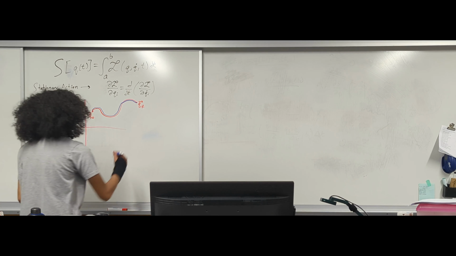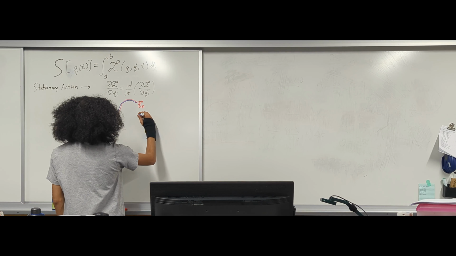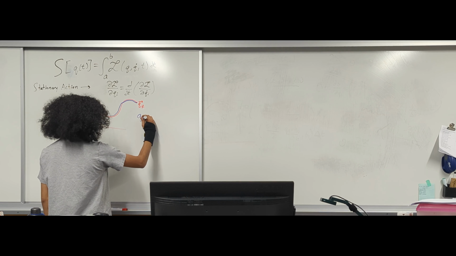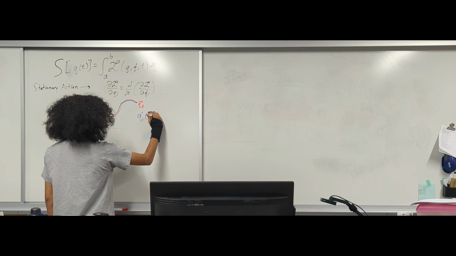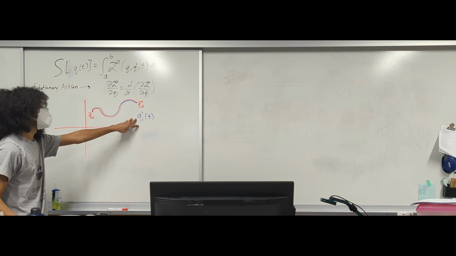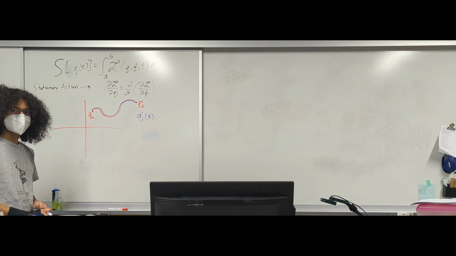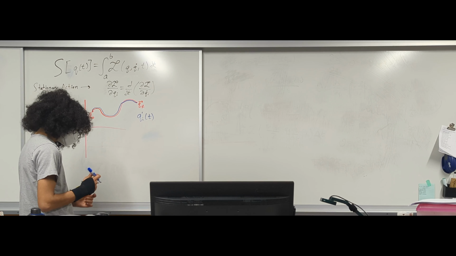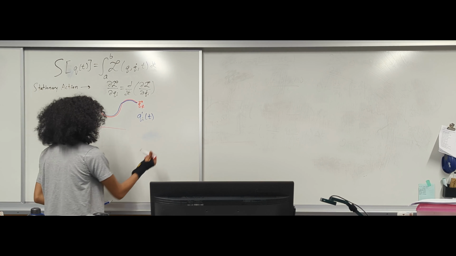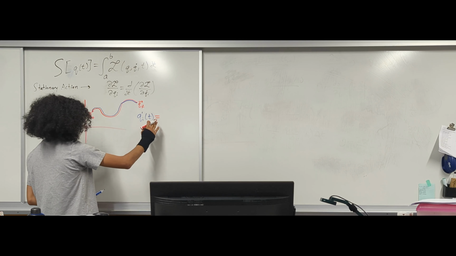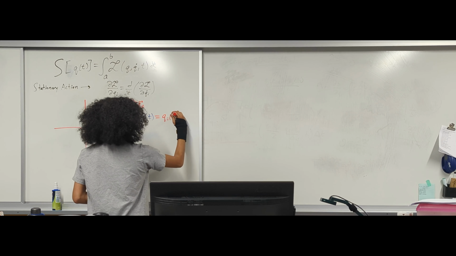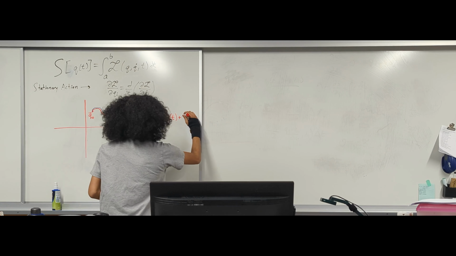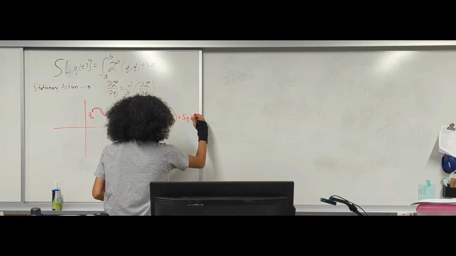So we have these new positions, q_i prime of t. I want to emphasize that the prime does not mean a derivative, the prime just means it's the new one. And this is equal to the original q_i of t plus some variation or perturbation that we're going to call delta q_i of t.